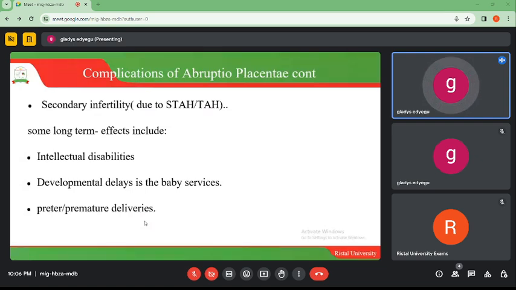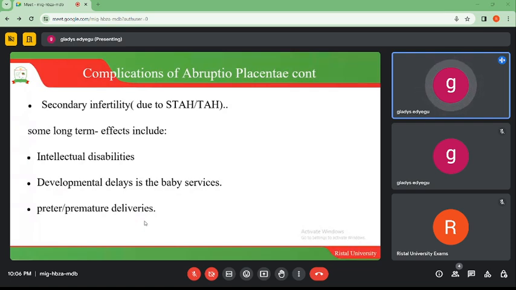Then preterm and premature deliveries can also occur, because if the mother is bleeding profusely, you cannot keep this mother just because the baby is still of low gestational age. We may end up doing a cesarean section if the mother is bleeding profusely and hemodynamically unstable, and end up delivering these babies before time.